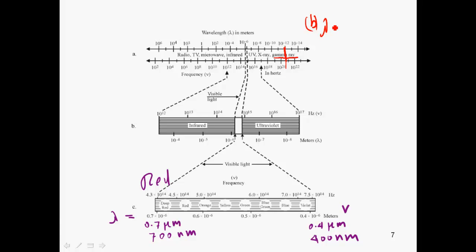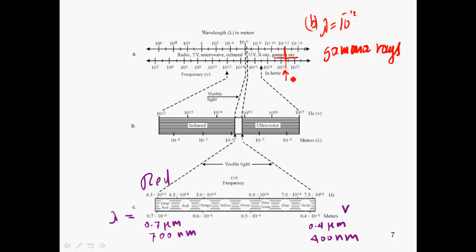Okay? So, part B of the question for wavelengths of 10 to the negative 12 is gamma rays. Okay? Or the frequency, see down here, 10 to the 20th. This is 10 to the 22nd, so we're about 10 to the 21st right there.